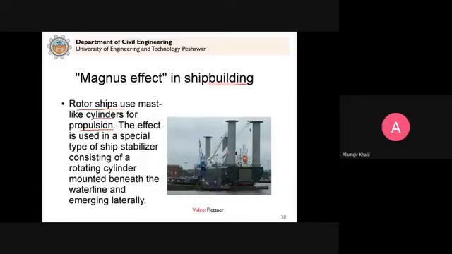We can even observe this phenomenon and do an experiment here.